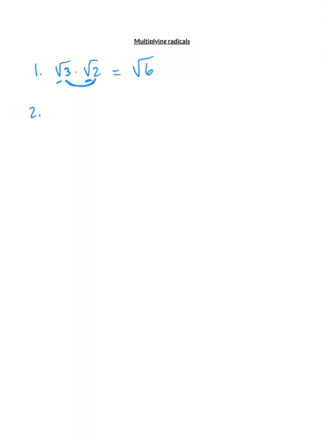Now, if you have the same radicand, like you're multiplying the square root of 3 times the square root of 3, then that is just 3. I would really skip the middle step of saying, well, this is the square root of 9, which is 3. Not that that is wrong, but you're just creating more work for yourself.